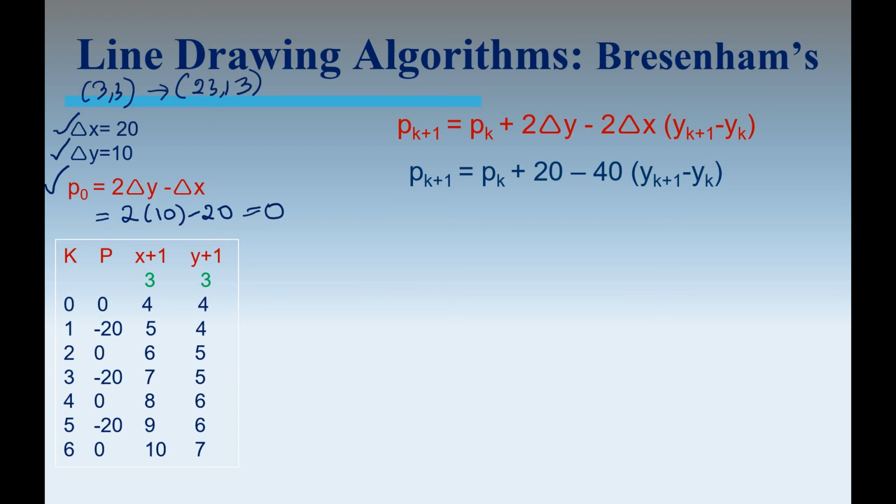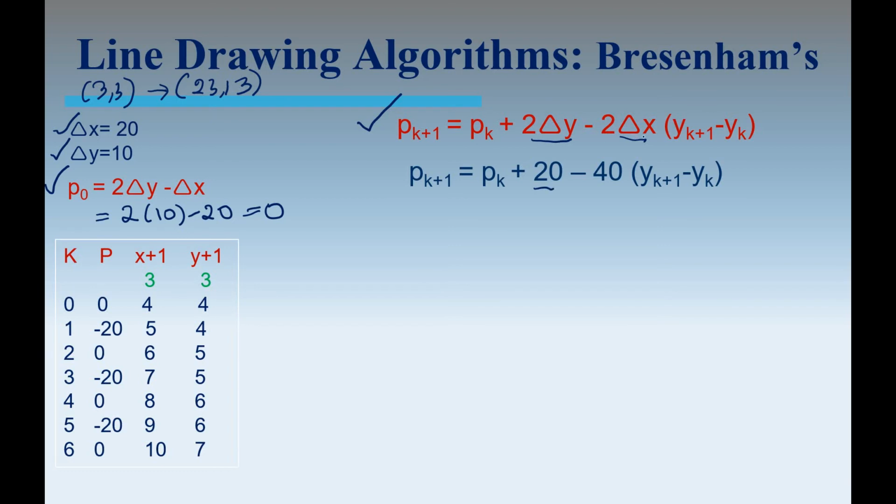Now your p0 is 0. Then the next thing we have to calculate is the next value of the decision parameter. We have this formula: pk plus 2Δy minus 2Δx. We know Δy and Δx; Δy is 10, so 2 into 10 is 20. I'll just put 20 here.